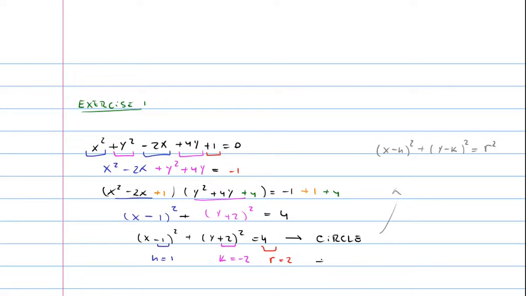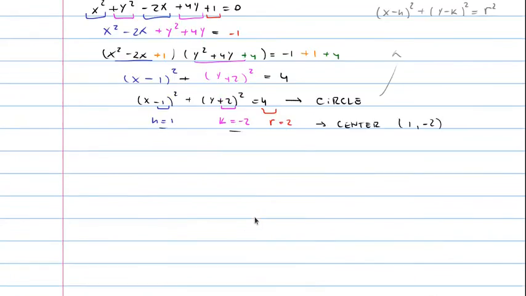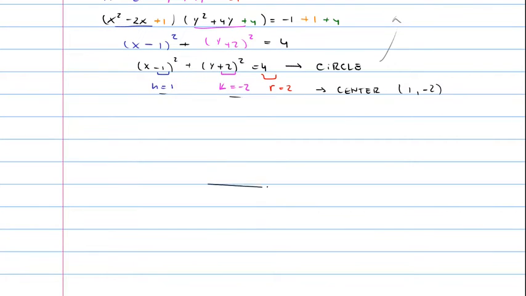Then the center of the circle is at 1, minus 2, h and k. With all this information, we can now plot the circle. So the center of the circle is at 1, minus 2.